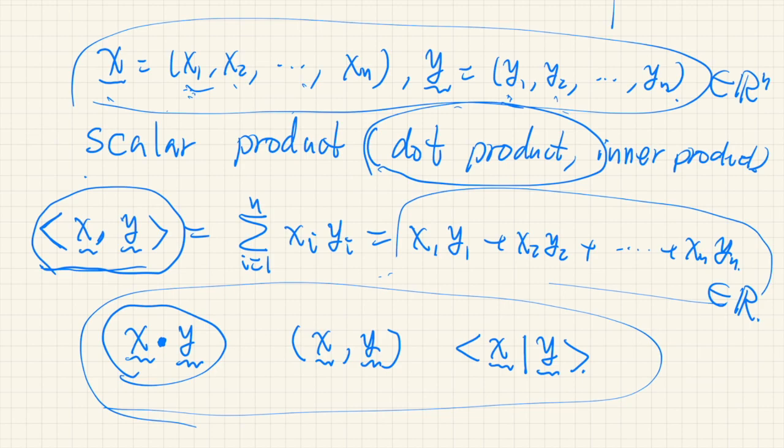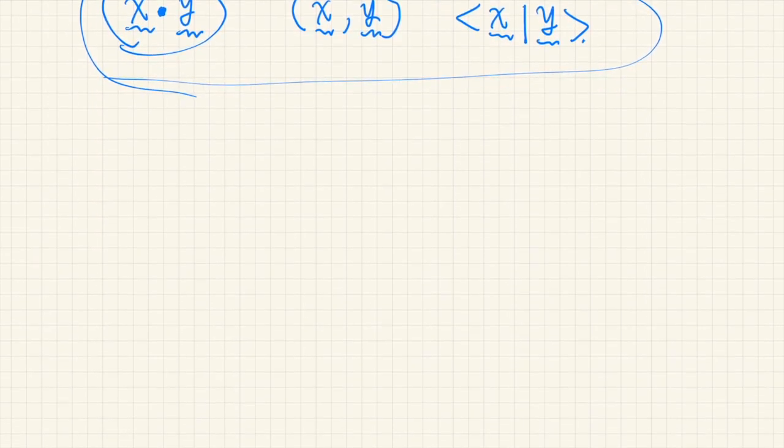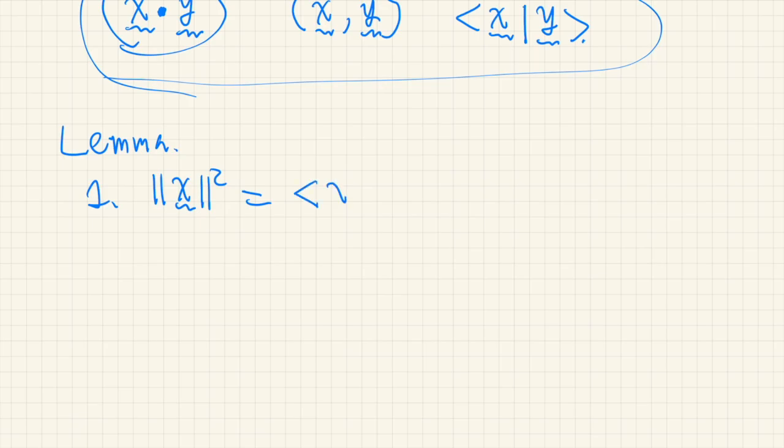Now let's list some of the properties of the scalar product as a lemma. And all these properties can be proved very easily, so you should try it. I will show some of the examples later, but anyway. First, the squared norm of a vector is the same as the scalar product of the vector with itself.